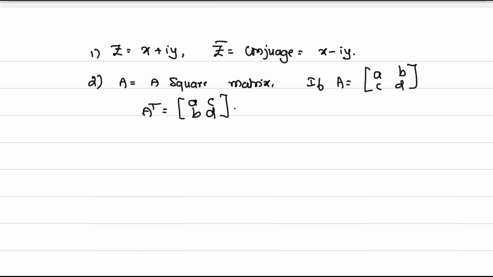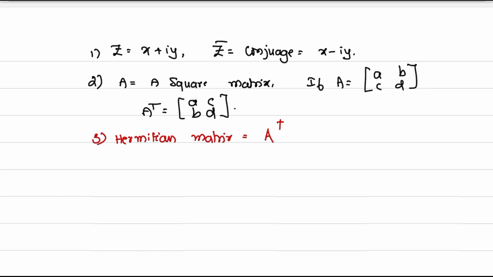Now, a Hermitian matrix is a square matrix such that, denoted by A with a plus sign with vertical extended downwards, A plus.